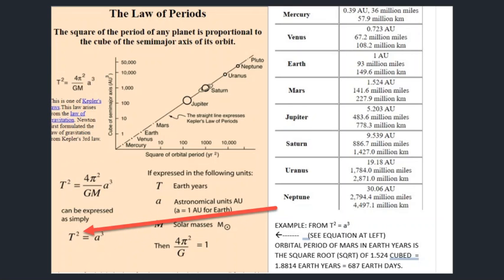If the period squared is 64, then the period has to be 8. So the answer is 8 Earth years. And if we go back, we can see that indeed the answer is 8 Earth years. And that's it. Good luck.